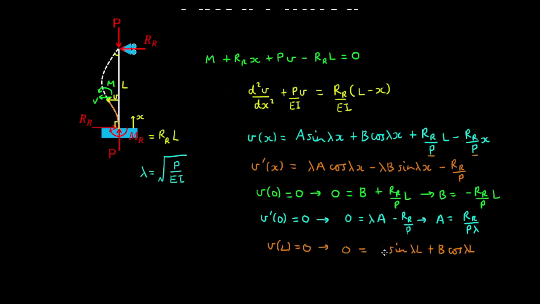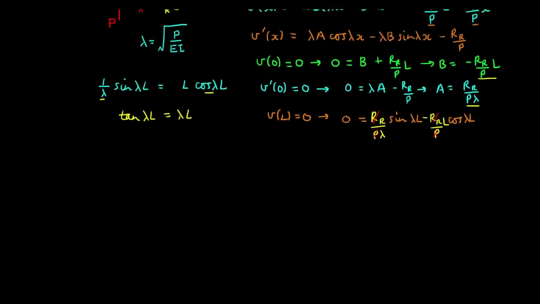And if we substitute for A and B in this equation, using our previous boundary conditions, and cancel out R_R on P, then we get 1 on lambda sine lambda L is equal to L cosine lambda L. So if we divide through by cosine lambda L and multiply through by lambda, we get tan lambda L is lambda L.